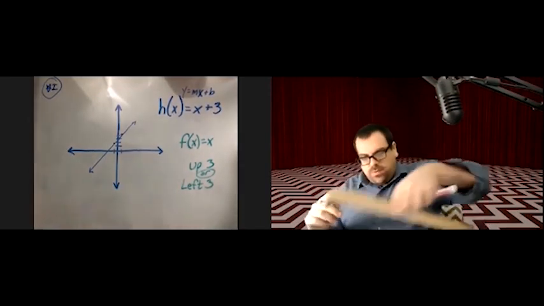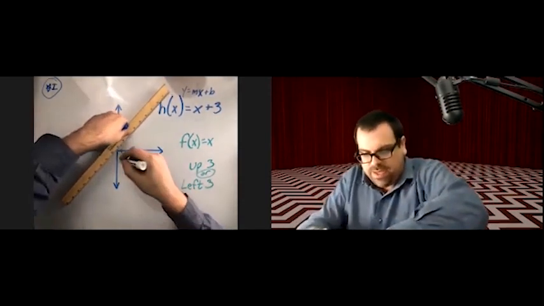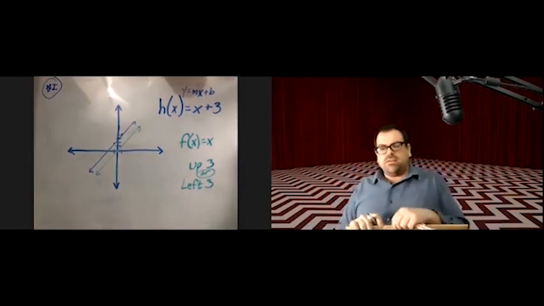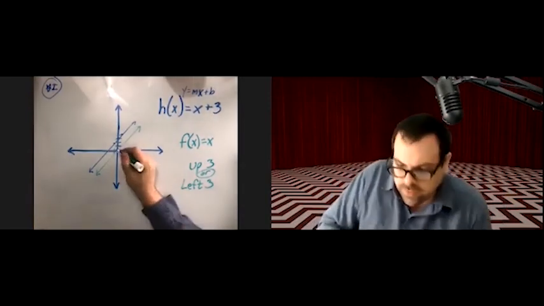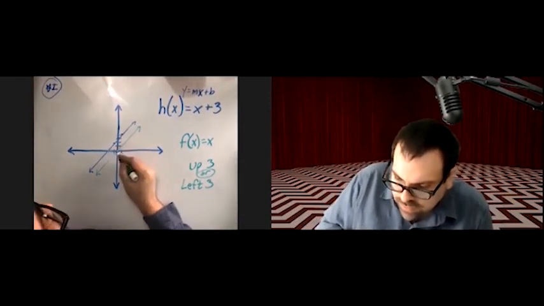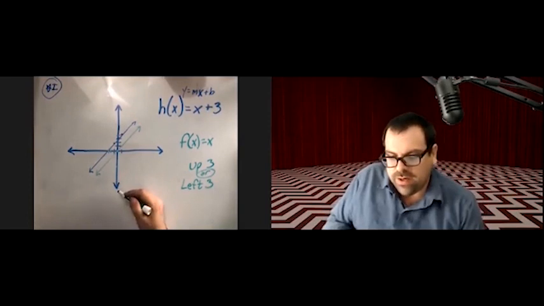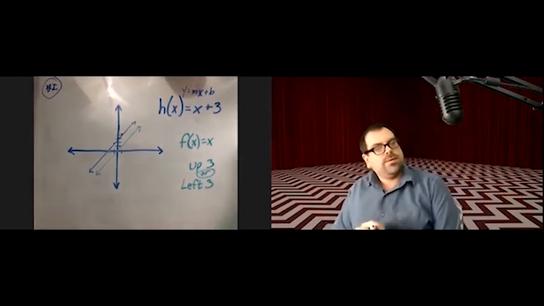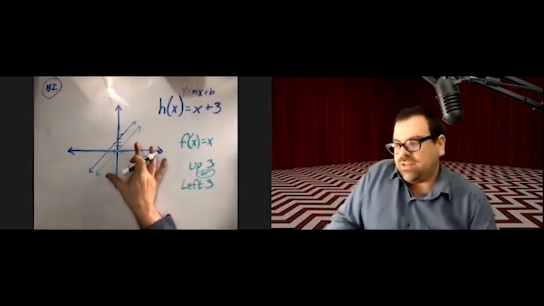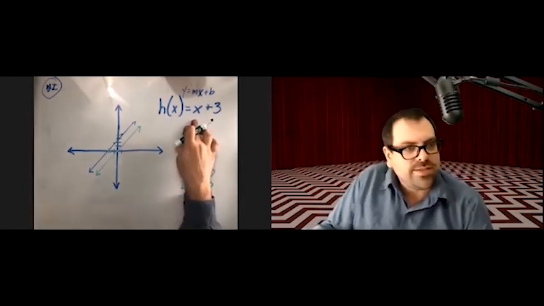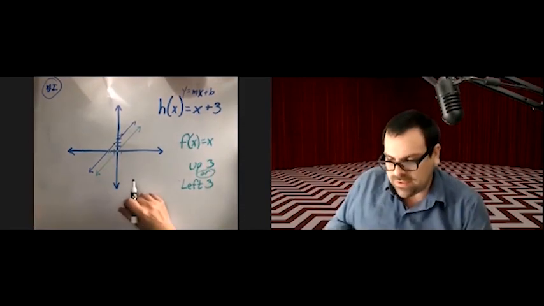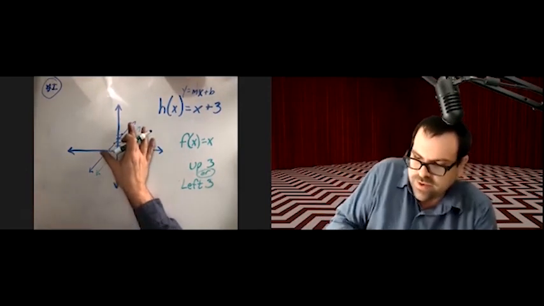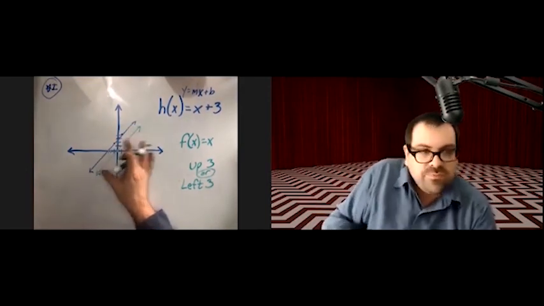Well, you can see if I put the identity function in, it doesn't matter. It is both a 1, 2, left 3 and a 1, 2, up 3. The identity function, since all it is is an x, since there's no symbol around the x, up movement is the same as left movement.